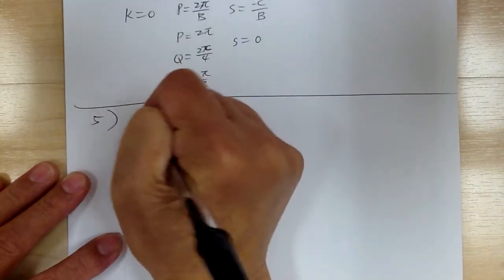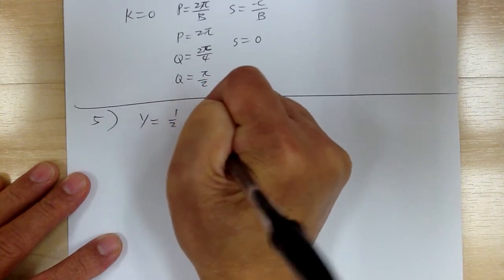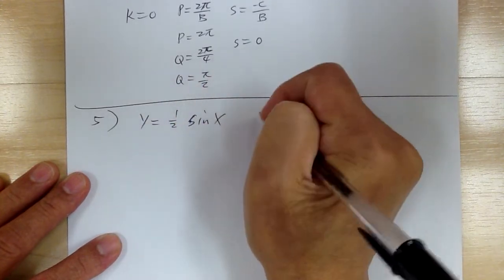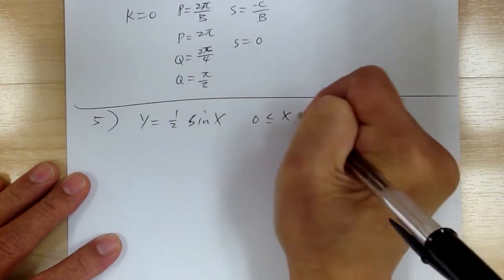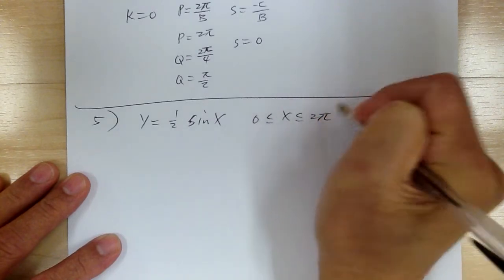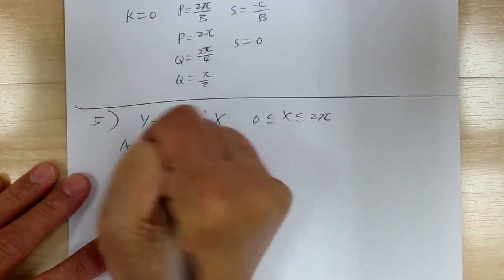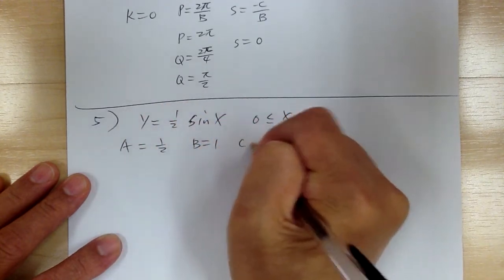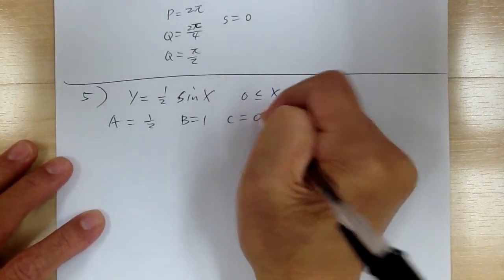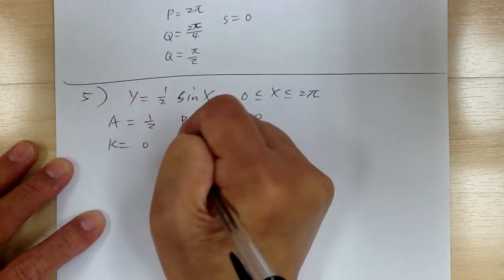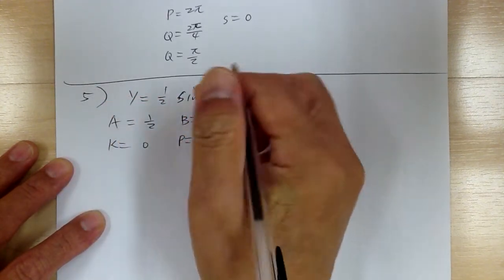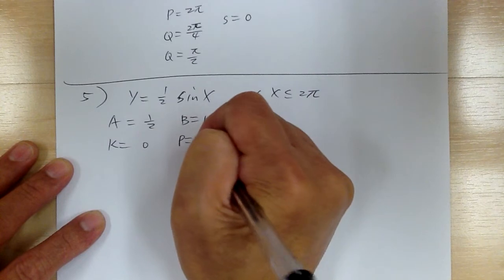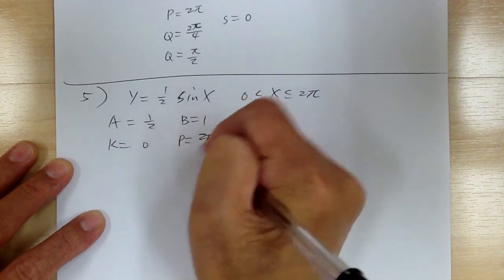Number 5, you have y equal to 1/2 sine x, and you want to go from 0 to 2 pi. So you can go through this. So a equal to 1/2, b equal to 1, c equal to 0, k equal to 0, and period equal to 2 pi over b, so it would be 2 pi.